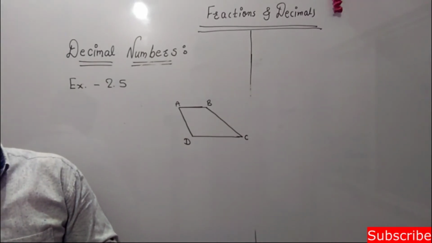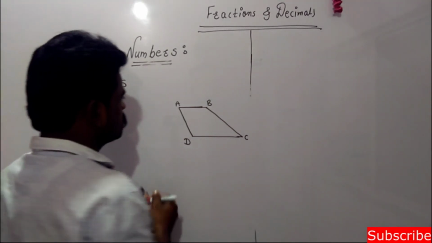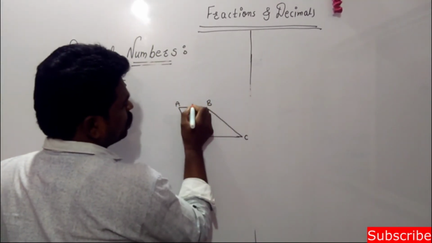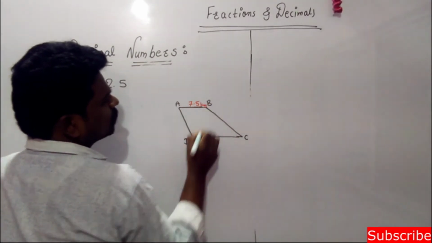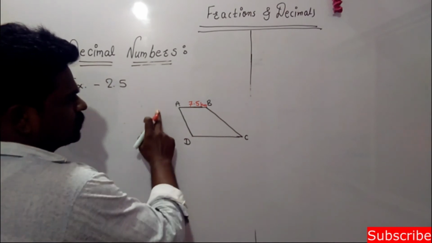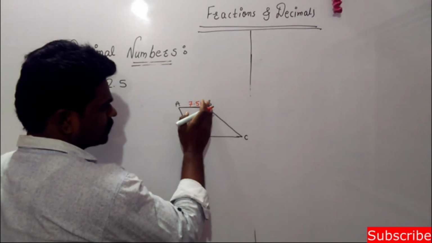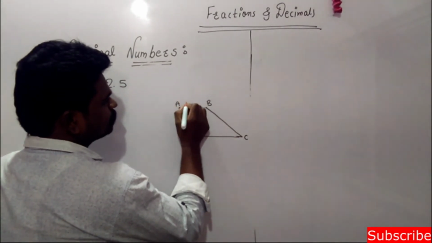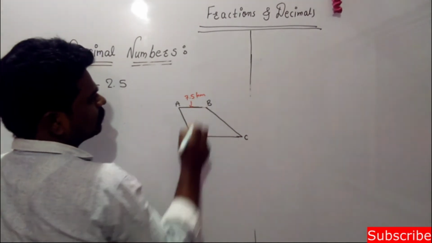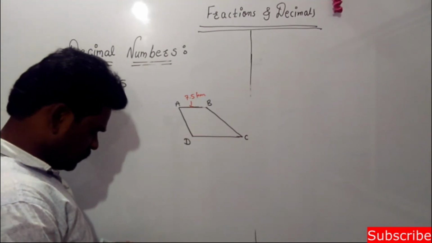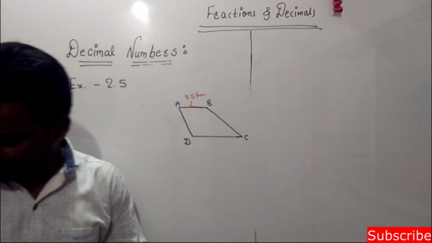A is 7.5 kilometer from B. So the distance between A and B is 7.5 kilometers.